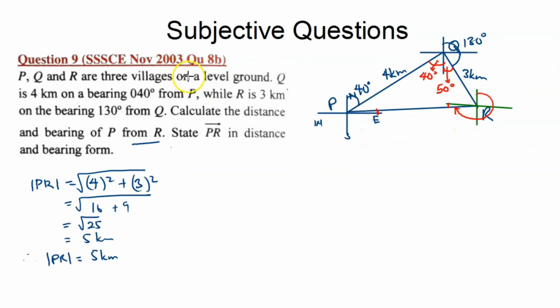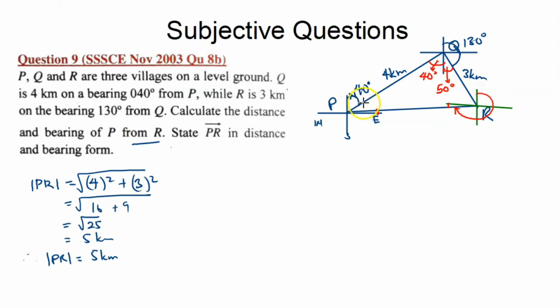How then do we find that angle? Remember, we are having 40 degrees as the bearing of Q from P. So it means we can find the remaining angle towards the east post of P. And that remaining angle will automatically be 50 degrees. And what do I mean by that?